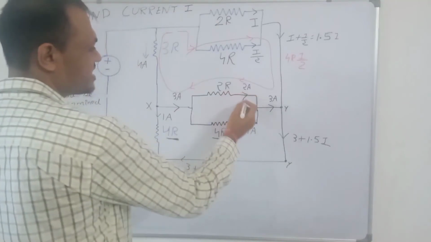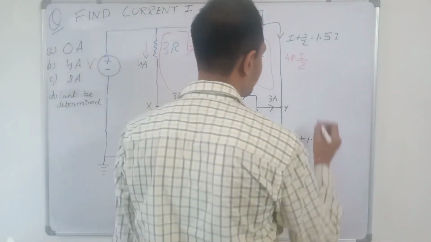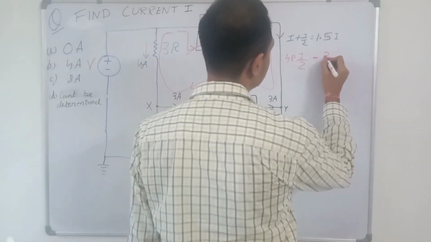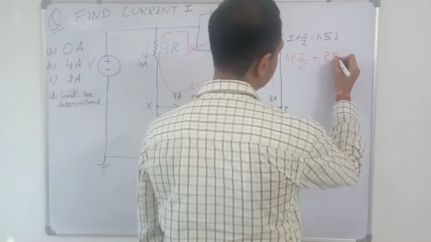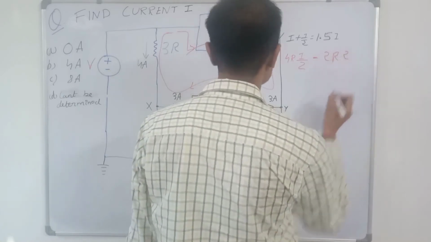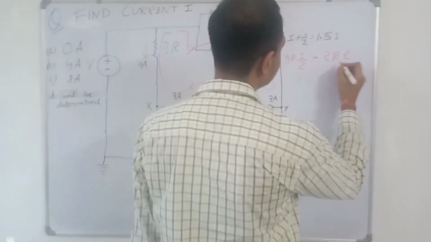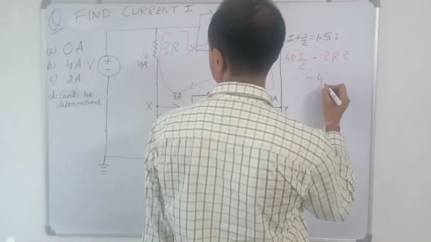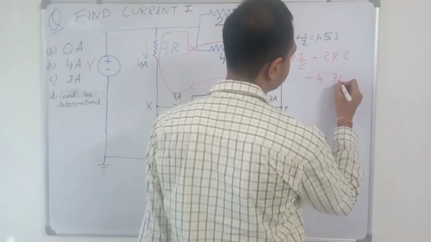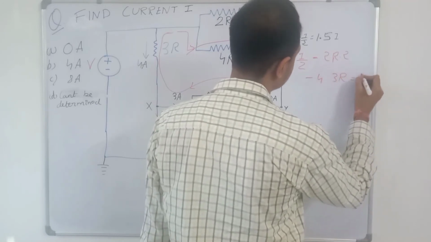Now this current is coming in opposite direction, this 2 ampere current. So minus 2R into 2 ampere, and this current is also coming in opposite direction. So minus 4 into 3R equal to 0.